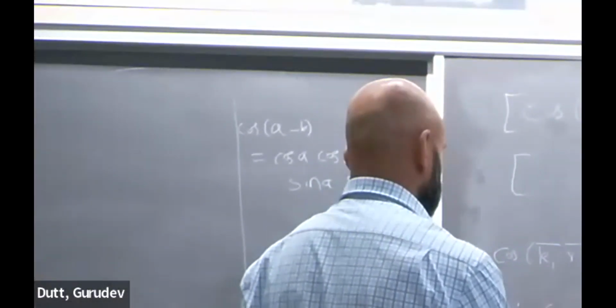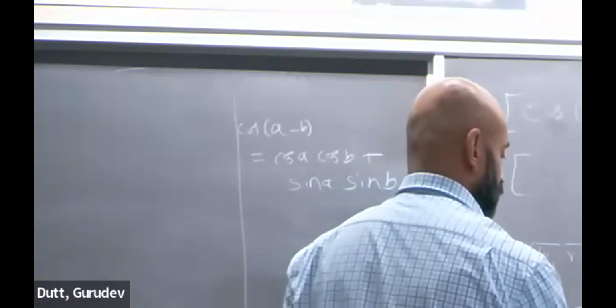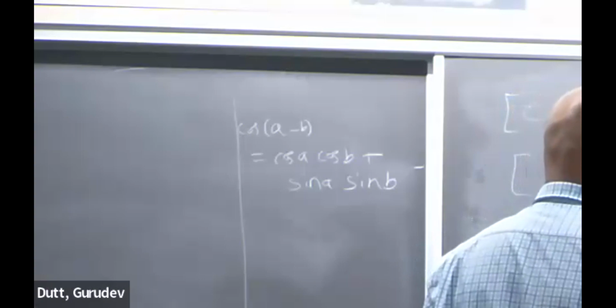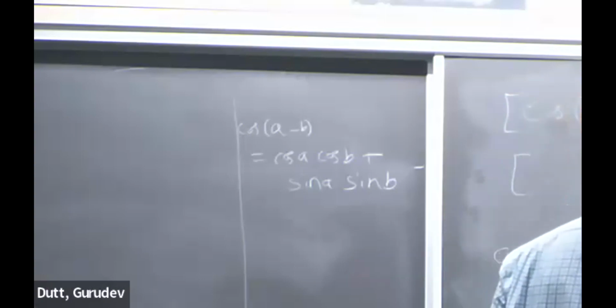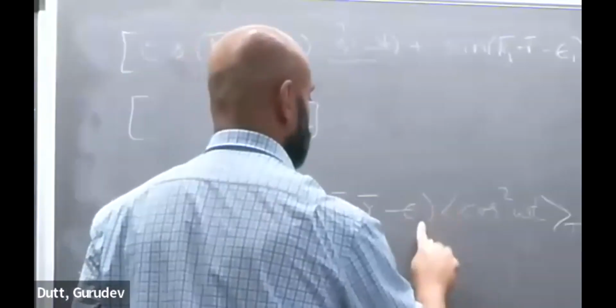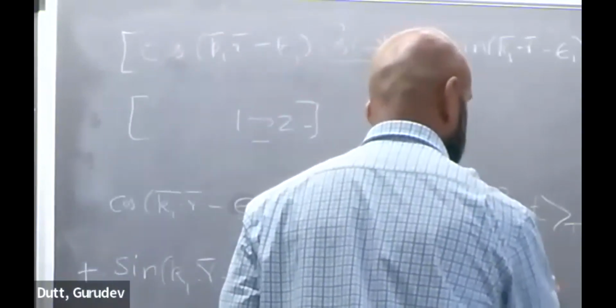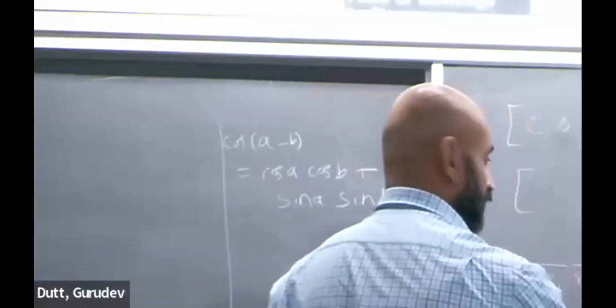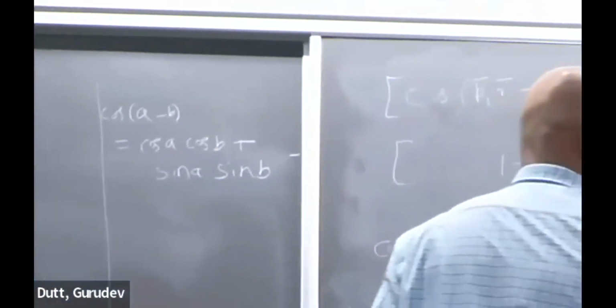This will be another term, plus sine k1 dot r minus epsilon 1 times sine k2 dot r minus epsilon 2 times sine squared omega t. Again, time average. And then you can see there will be terms which go as cosine times sine with 1 replaced by 2, cos omega t sine omega t, and similarly sine omega t cosine omega t.